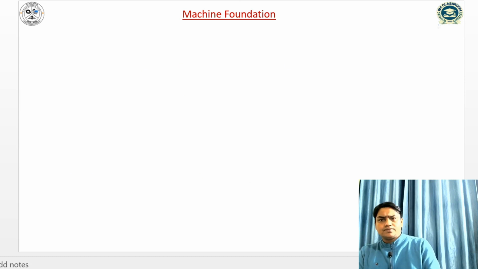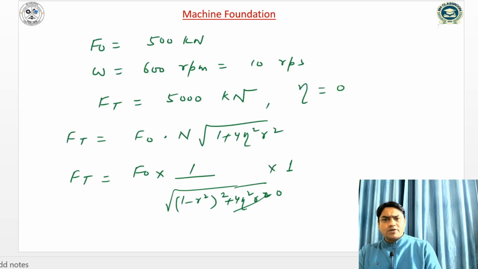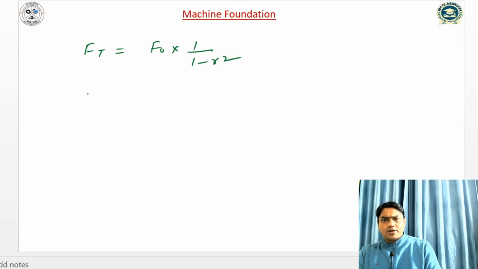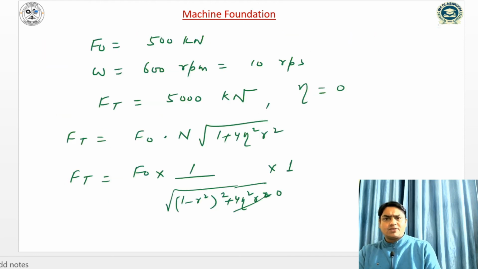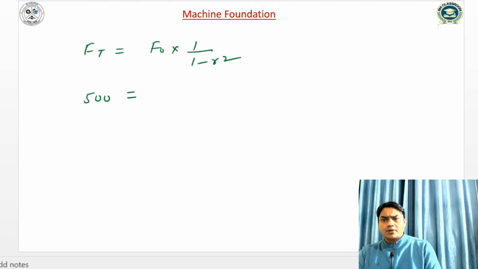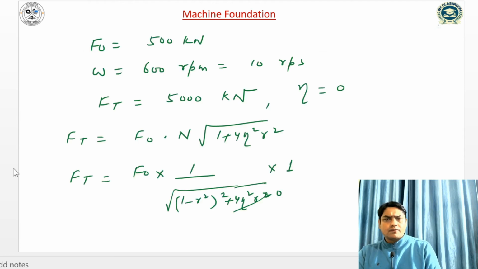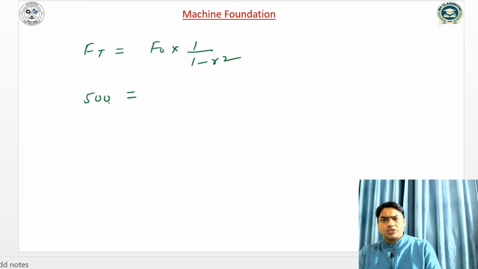So we can write Ft is equal to F naught into 1 by 1 minus R square. The transmitted force is 5000 kilonewton and the unbalanced force is 500 kilonewton. So 5000 is equal to 500 into 1 by 1 minus R square.